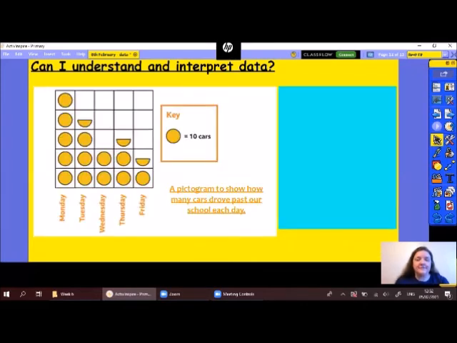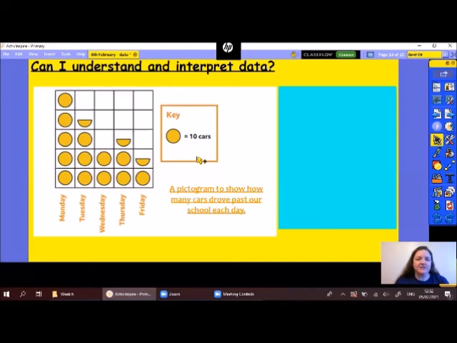Right, my last set of questions for this video are all about a pictogram. So here we have a pictogram that shows us how many cars drove past our school each day. And again, we've got the labels to tell us which day is which. And we've got a key to tell us how many cars each picture represents.